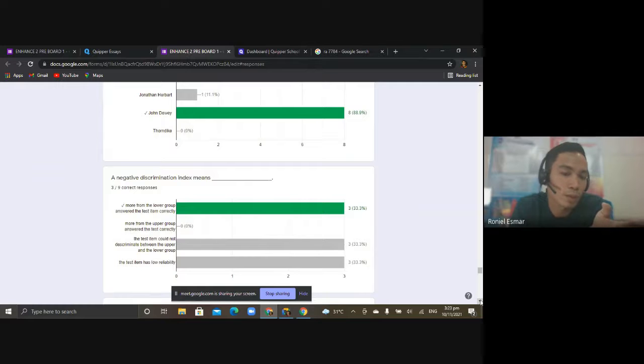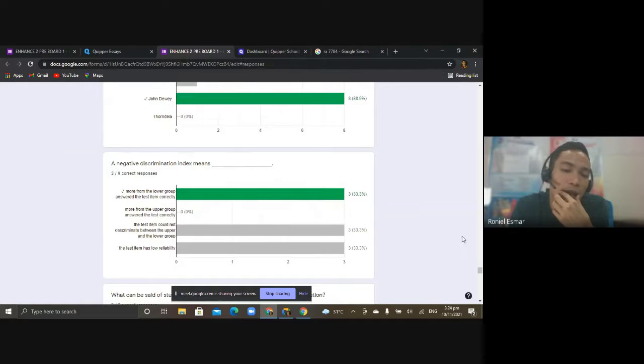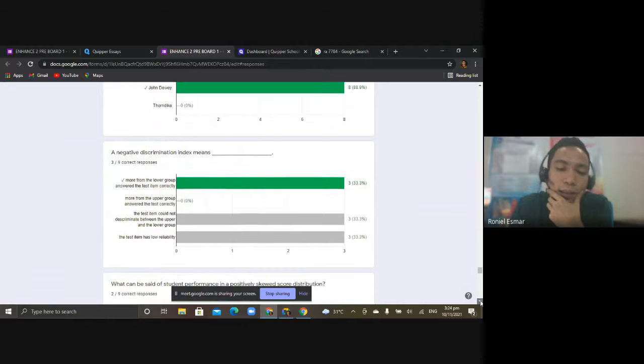What does that mean? It means an unreliable test item. And when we say positive discrimination index, it has high reliability because it is the upper group who mostly answered that particular item, if the discrimination index is positive.